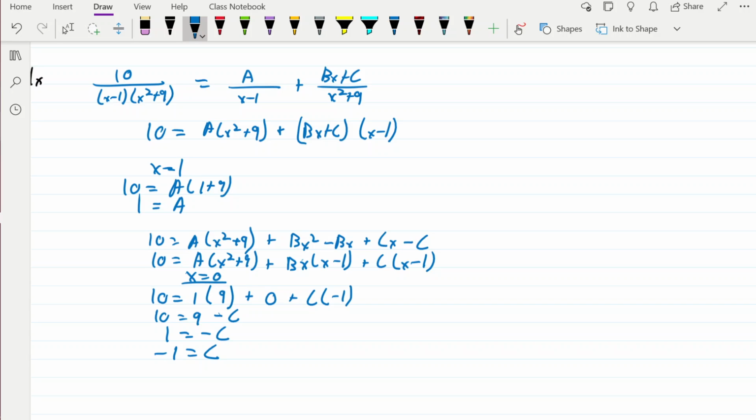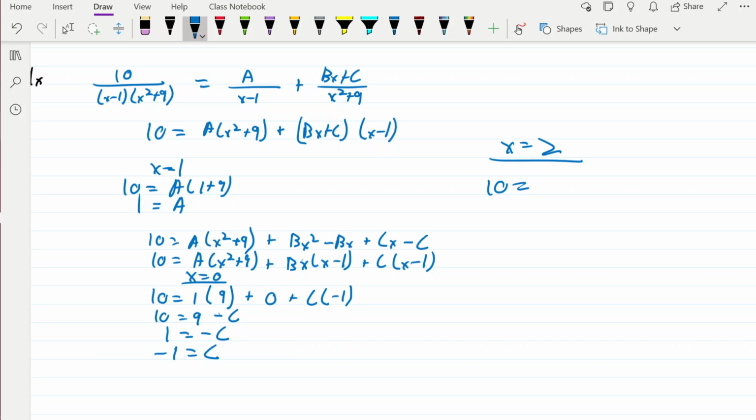All right, so now we're going to have to solve for b, which we can just choose any value except 0 or 1. So let's pick 2. So x equals 2.